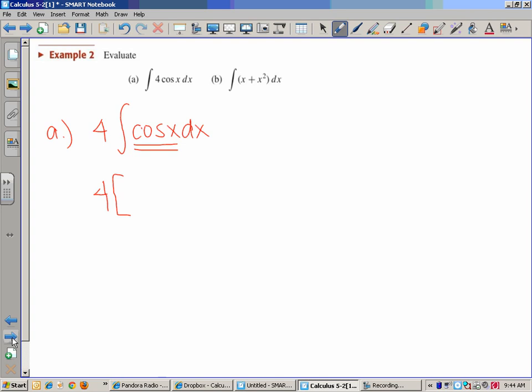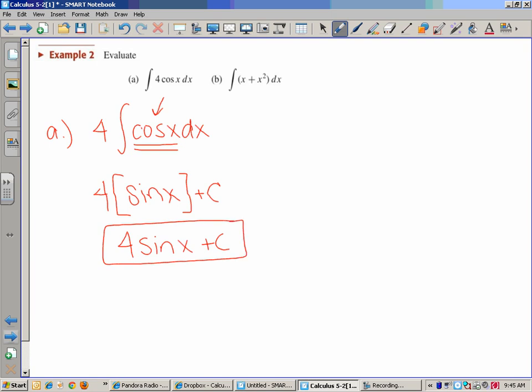Well, I'm looking for whatever function has a derivative of cosine x. Because c is undefined at this point, I can either put the c in or put it out. It doesn't matter, but my final answer is 4 sine x plus c.